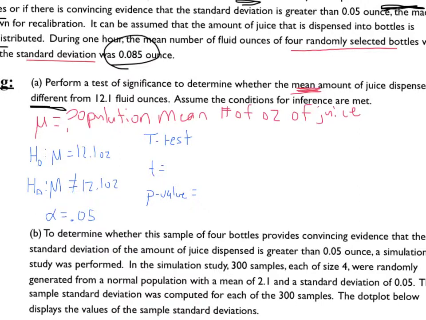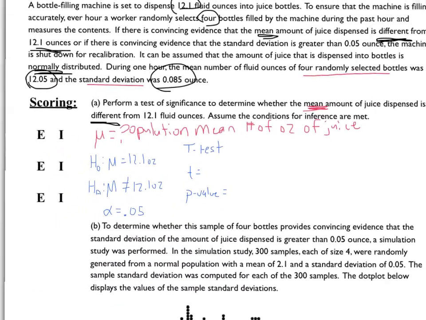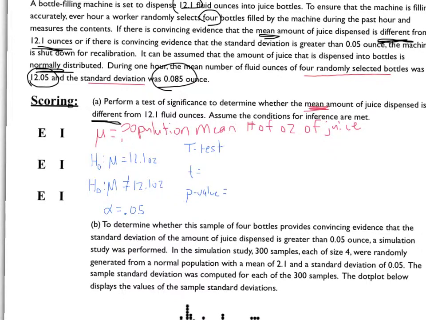Your null hypothesis, mu0 or mu naught, is 12.1. That's what we had stated right here. So that 12.1 is our null. And then our x bar, x bar referring to the sample mean, is going to be the 12.05 that it talks about here. It says the 4 randomly selected bottles had a sample mean of 12.05.